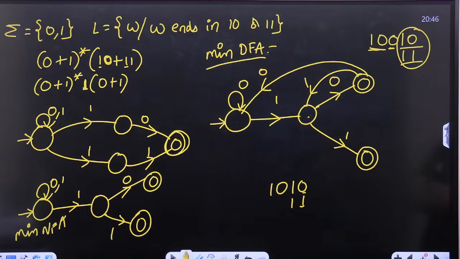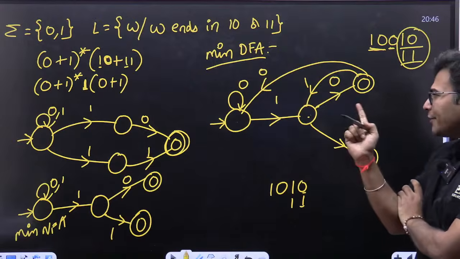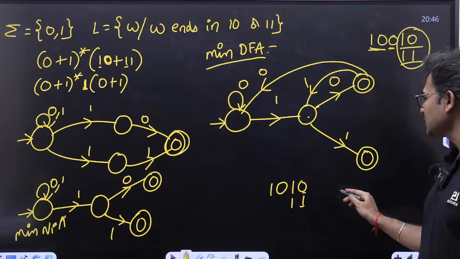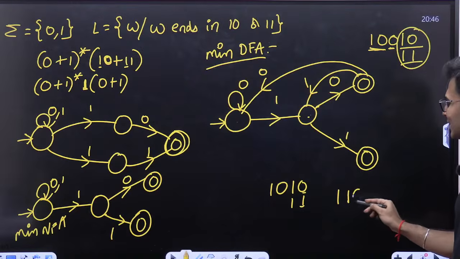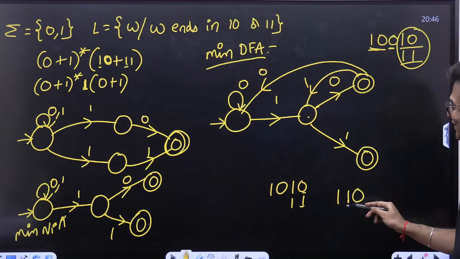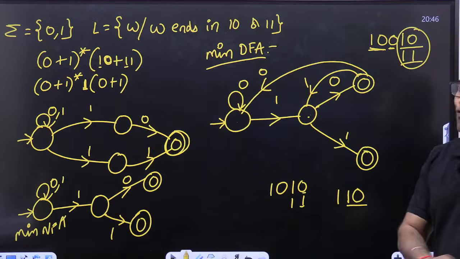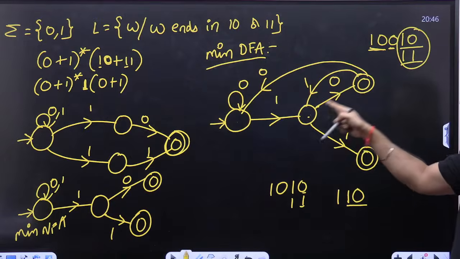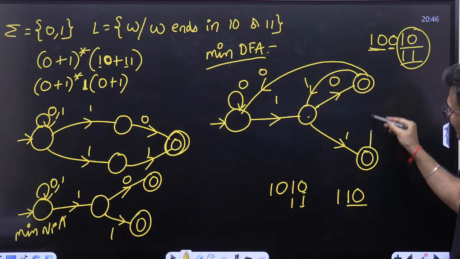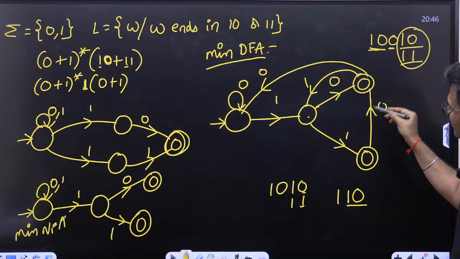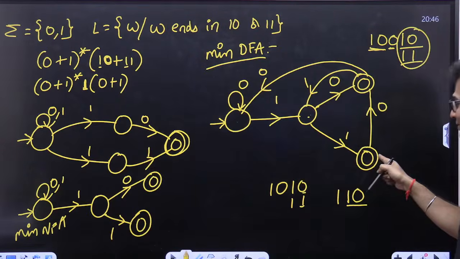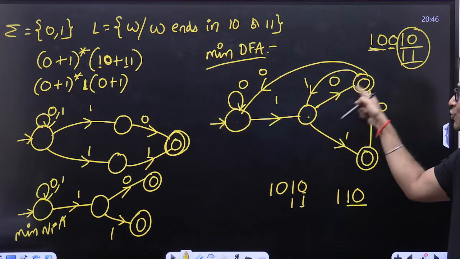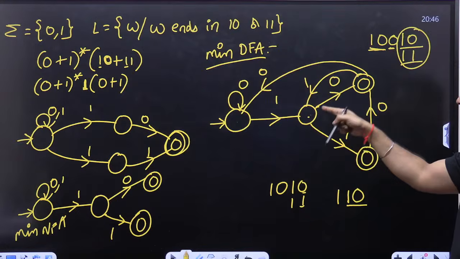If I get a 0, what happens? Try to understand this. How did I reach here, guys? By seeing 1, 1. If I get a 0, it is ending with 10. Now, what is the state ending with 10? This state. Therefore, if you get a 0, go there, because it is ending with 10. You have to accept it, but don't accept it here. Go there and accept it so that the string is ending with 10.